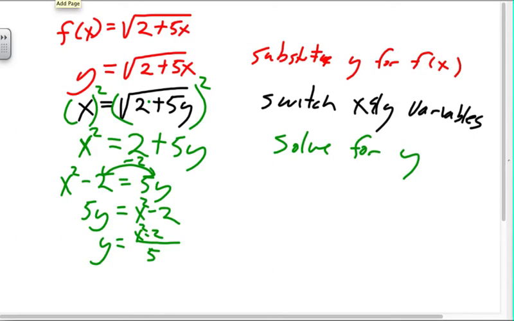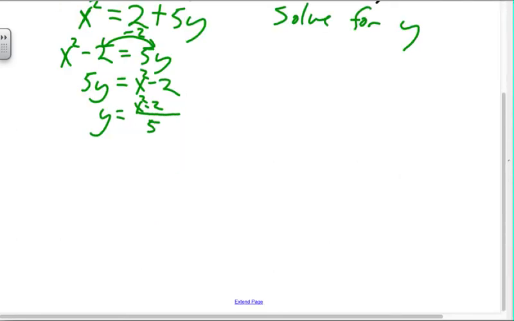Okay, and then one more thing we're going to do, and we're done here. Because this is an inverse function, we're going to denote it a little bit differently. So now we're going to come back in and substitute, and this right here tells us we're dealing with an inverse.